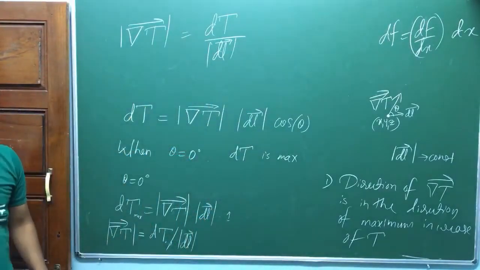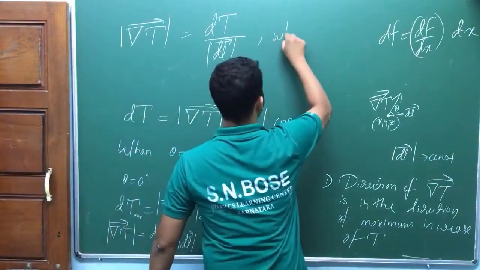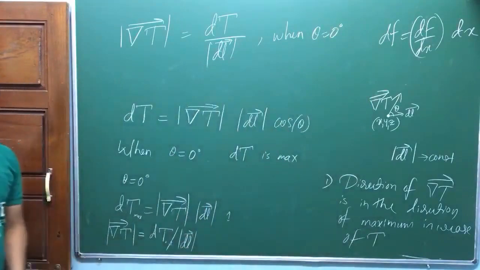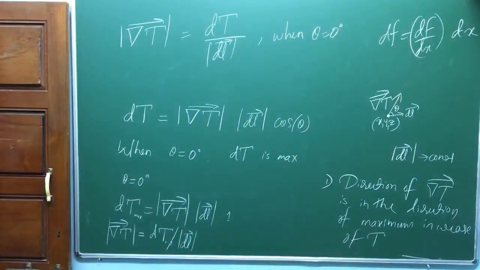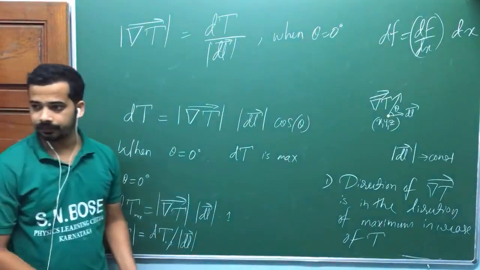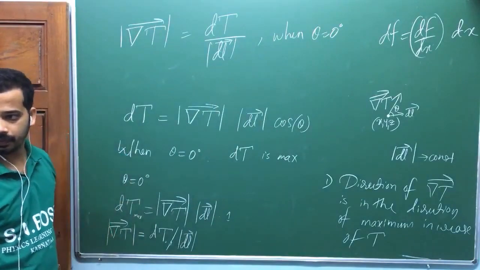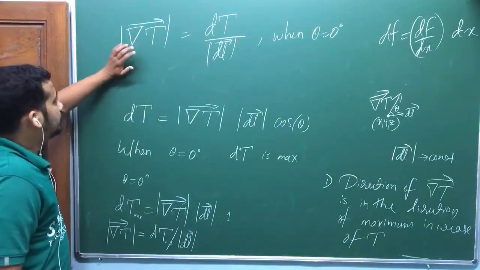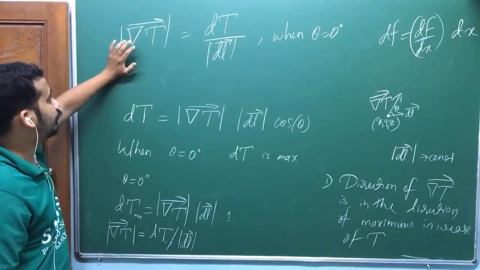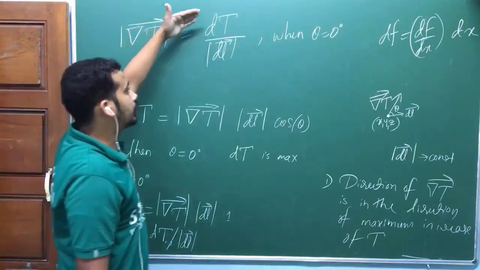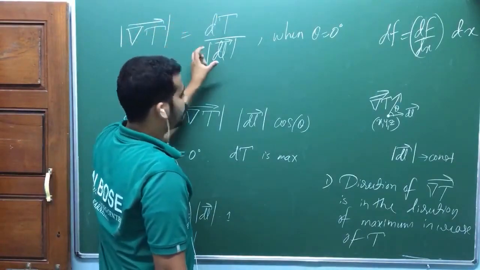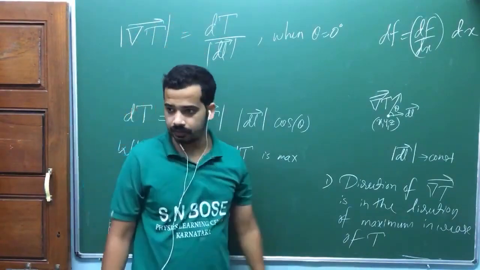Is that okay? Again, remember, when theta is equal to 0, don't forget, you have taken that expression when theta is equal to 0. So see the expression carefully. This modulus of this vector is equal to rate of change of the scalar with respect to distance.